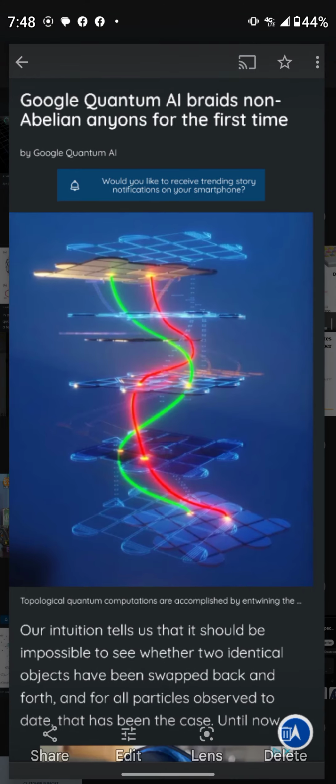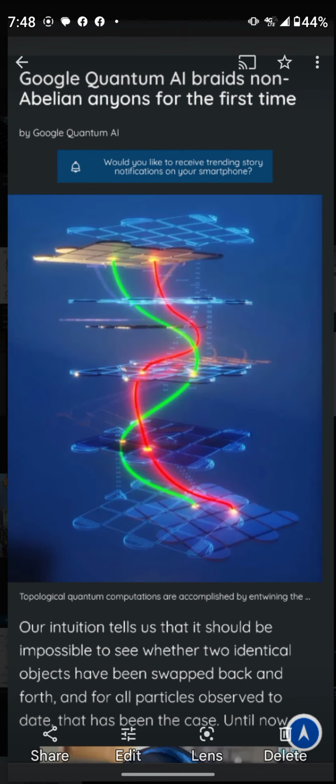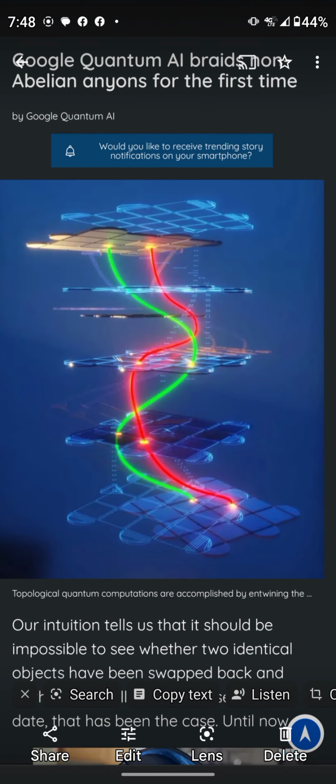Just call it a donut, but that's frowned upon in the science community. So basically, this AI did this, which is very cool, and it allows for easier quantum computing and also error minimizing.